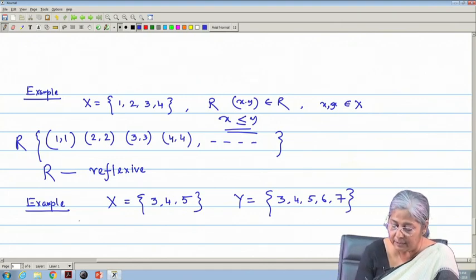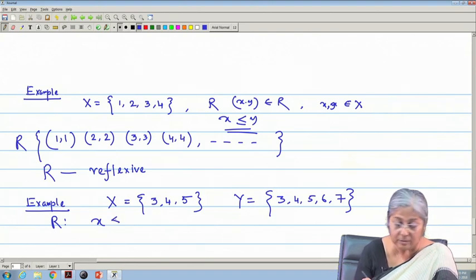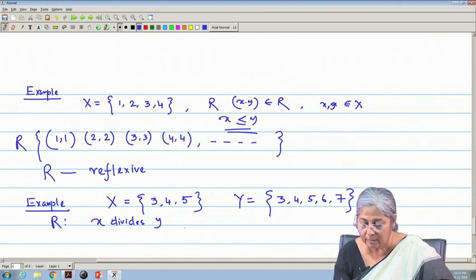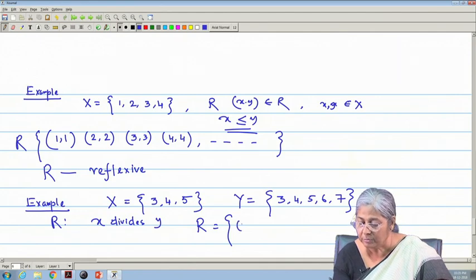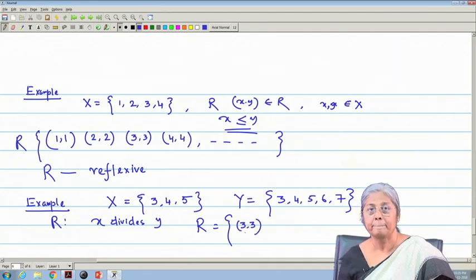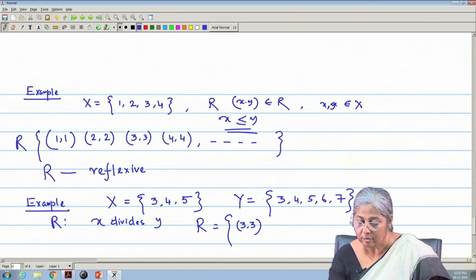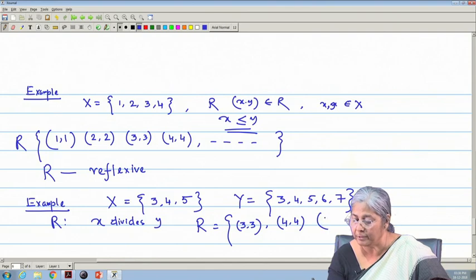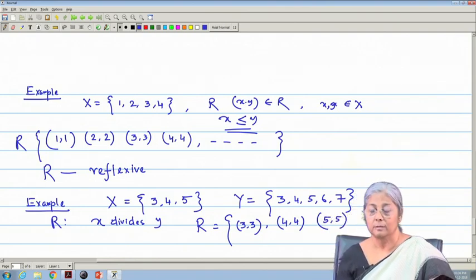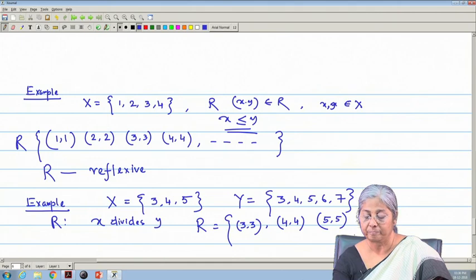Then if the relation R is that x divides y, as we have considered earlier, then (3,3) will be there, then (4,4) will be there because 4 divides 4, and (5,5) is also there since 5 divides 5.